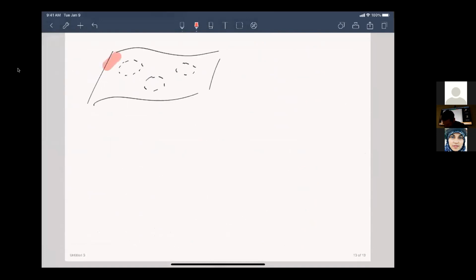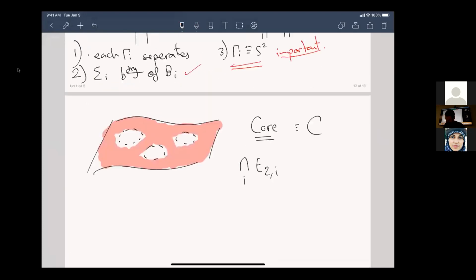The region in between the black hole collections, this region here, we gave it a name. We called it the core. We labeled it C, and it's defined as the intersection of all the E2Is.